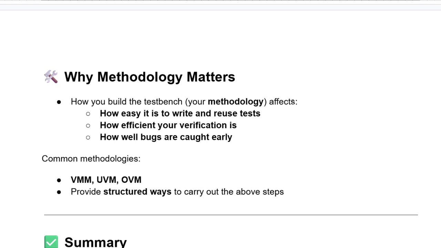Your methodology affects how easy it is to write and reuse tests, how effective your verification is, and how well bugs are caught early.